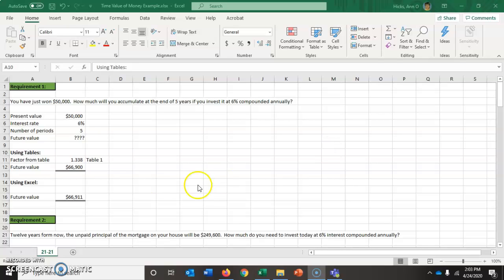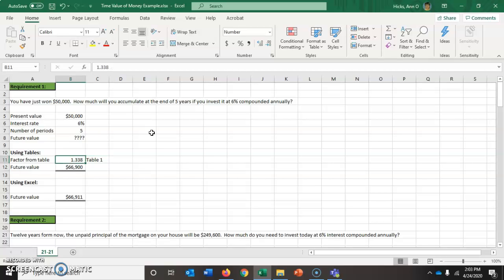Across the top you have interest rates, and down the side you have number of periods. So you go across the top, find the interest rate, in this case 6%, go down the side, find the number of periods, in this case 5, and you'll find the factor at the intersection of those 2 points. We're in Table 1 because we're looking for the future value.